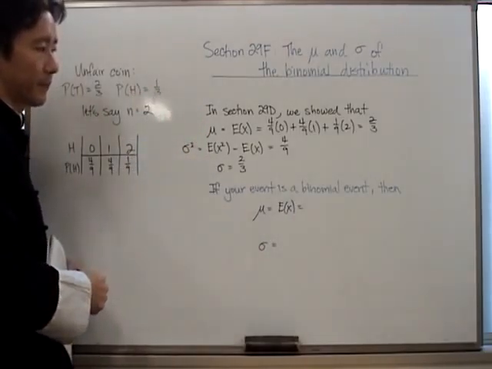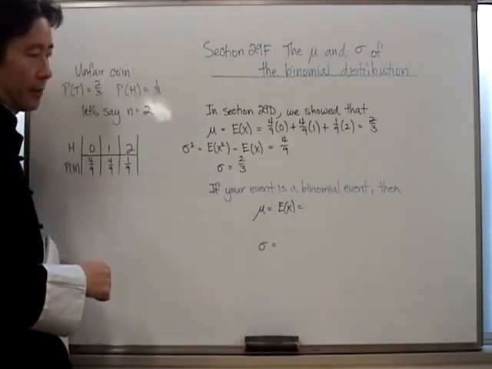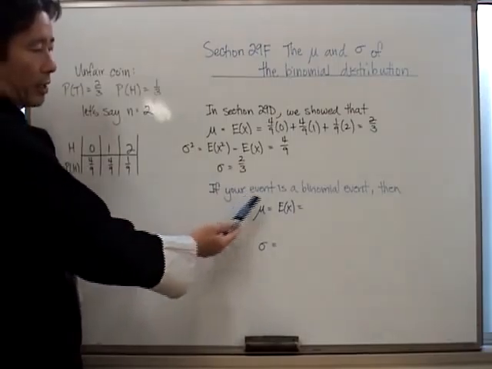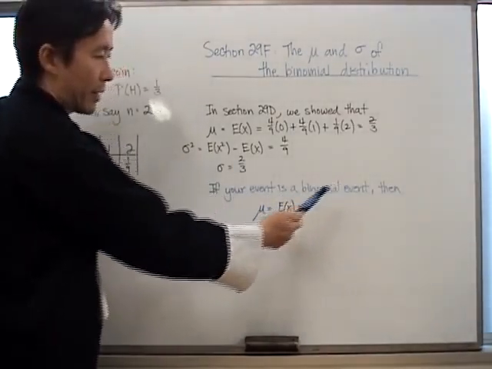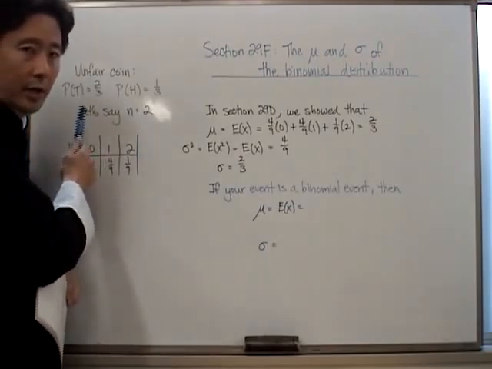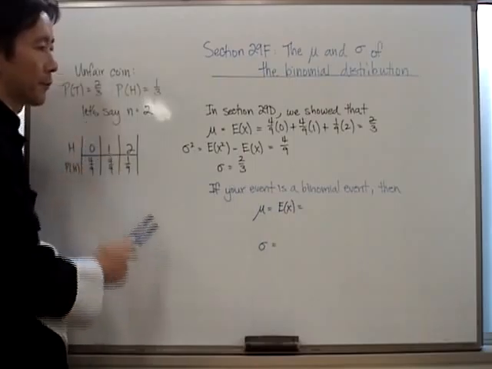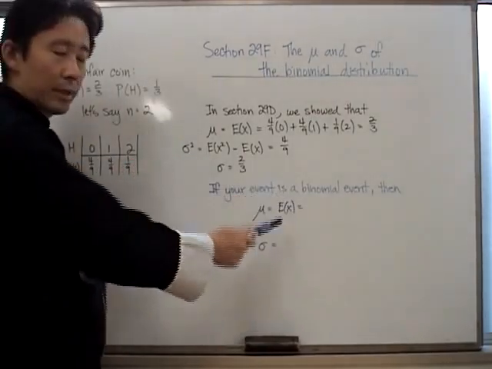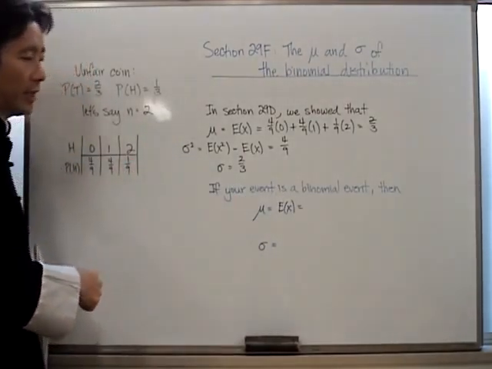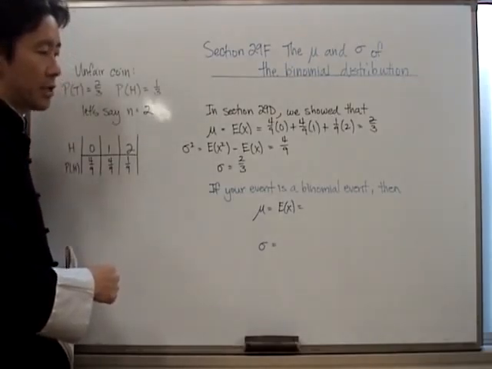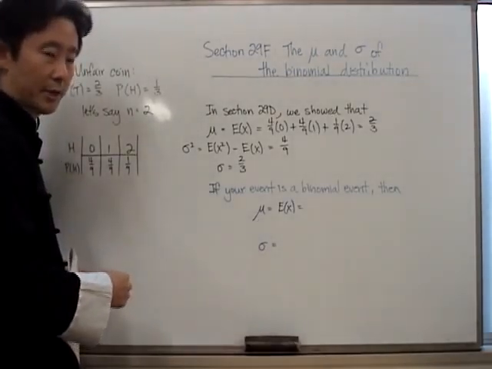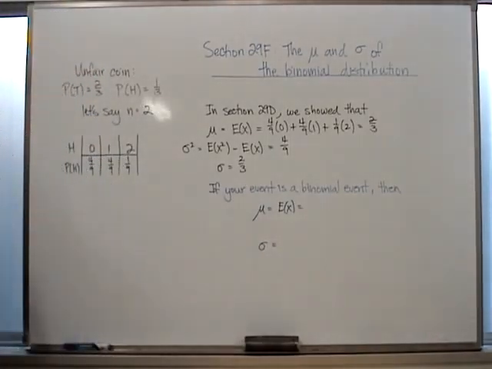Now, if you know that your event is a binomial event, like this case over here, and remember you have to show those 3 conditions to be true, then there's a much easier way of calculating the mean, or the expectation, as well as the standard deviation. This is how you do it.